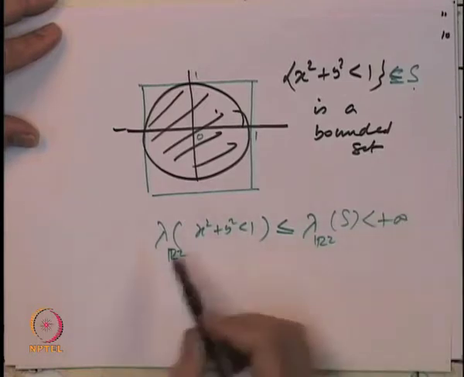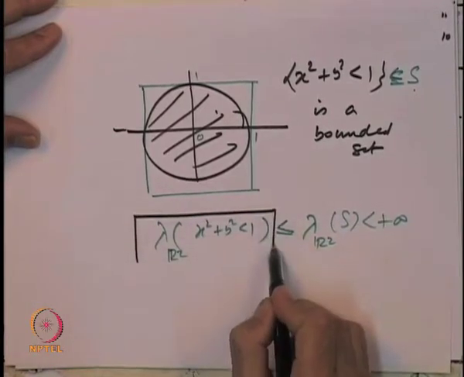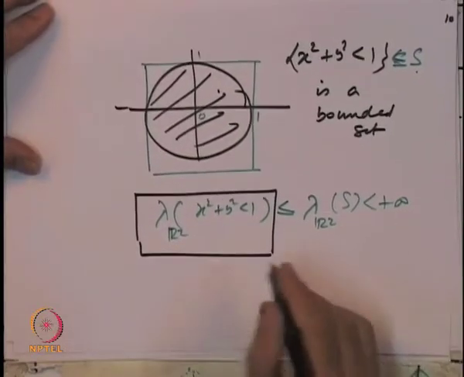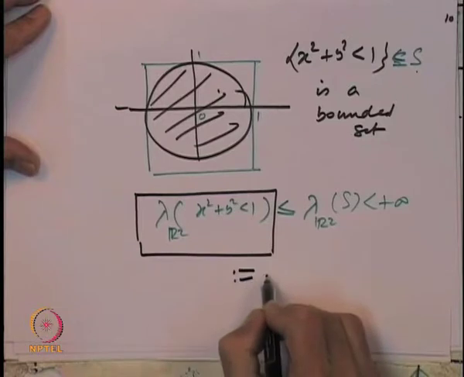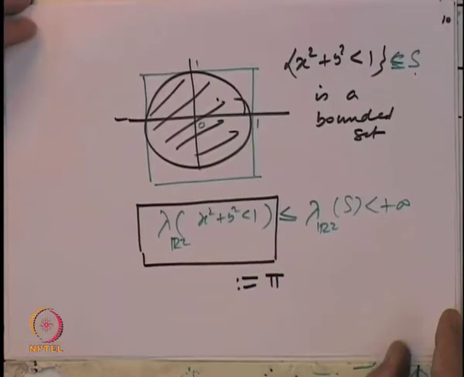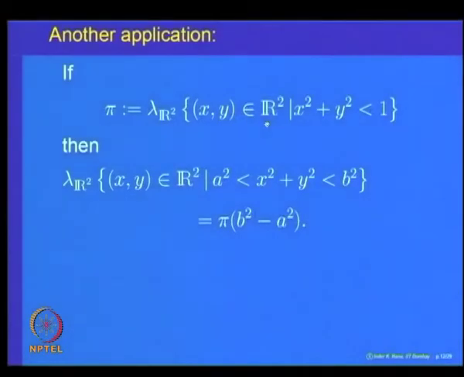So, that means that the Lebesgue measure of the region enclosed by the unit circle is a finite number, and this finite number we are just denoting by the symbol pi. So, pi is the Lebesgue measure of the region enclosed by the unit circle.